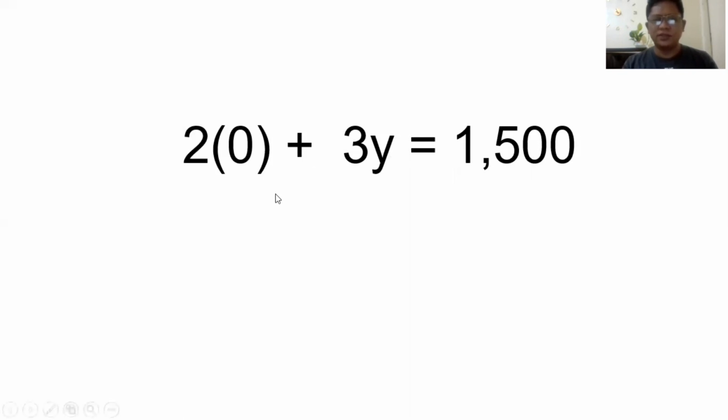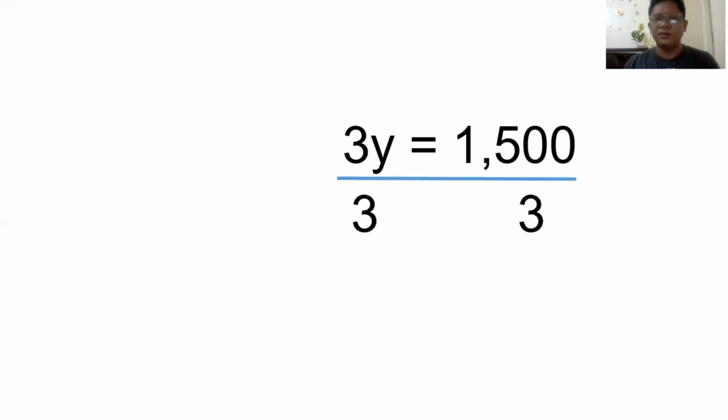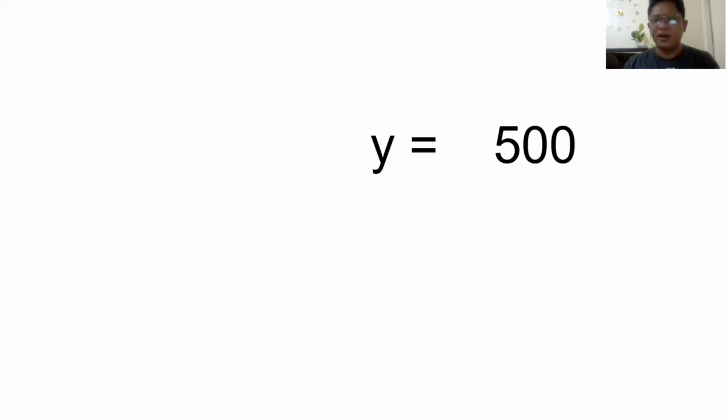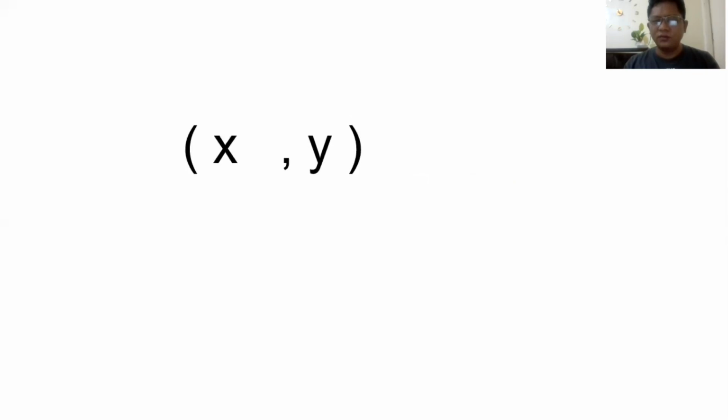So this portion becomes 0, and what remains is 3y equals 1,500. To isolate y, we divide both sides by 3, so you will get y equals 500. So when x is 0, y is 500.